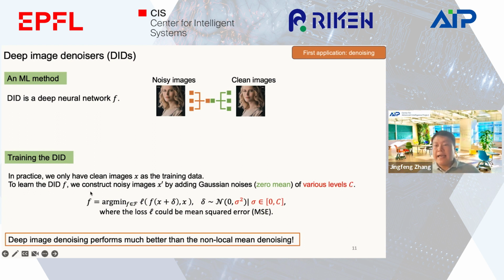However, in practice, we only have clean images as the training data. To solve this, we construct the noisy image by adding Gaussian noises with zero mean of various levels. Then we can have a deep image denoiser that can perform much better than the non-local mean denoising method.